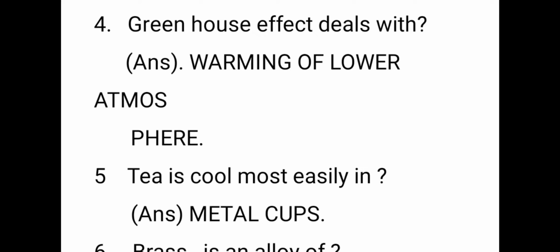The next question: the greenhouse effect deals with the warming of the lower atmosphere. The lower atmosphere is the troposphere, which ranges from the earth up to 20 to 30 kilometers.